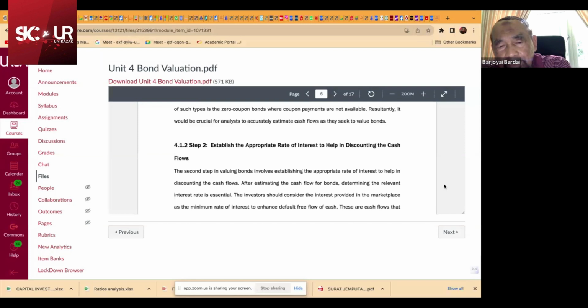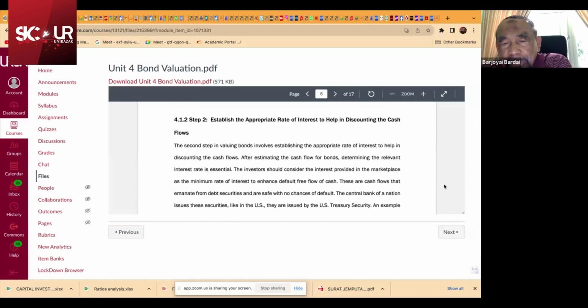After estimating the cash flow for the bond, we determine the relevant interest, and the investor should consider the interest provided in the marketplace as the minimum rate of interest for default-free cash flow.